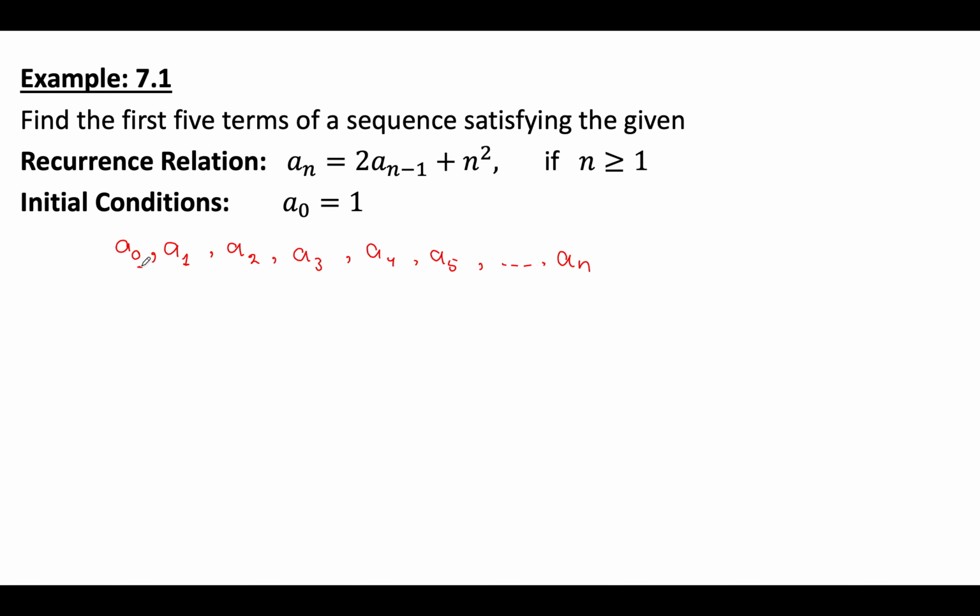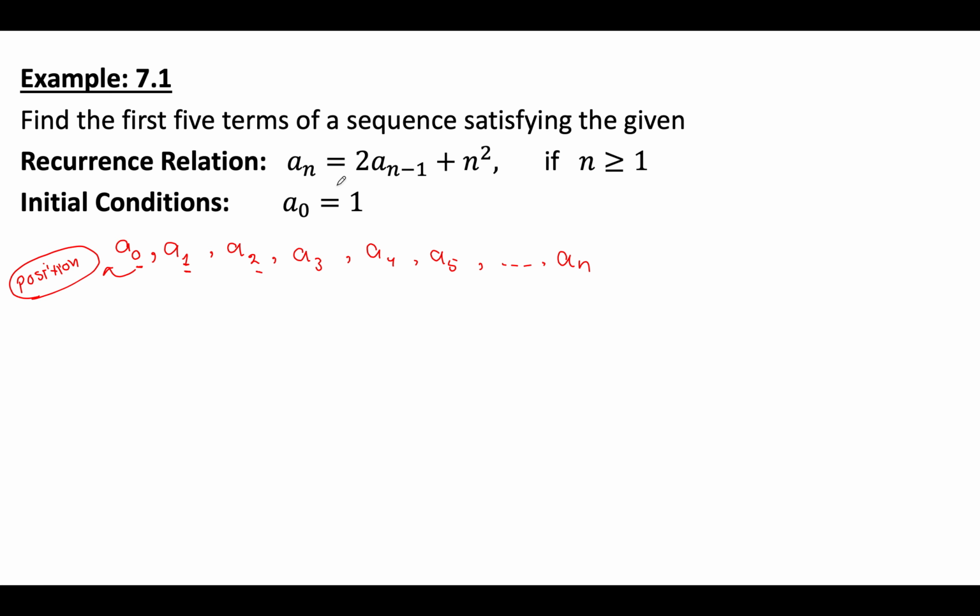Now the numbers here indicate the position of the term. Where is exactly this term? So this is in position 0, this is in position 1, and this is in position 2. And this position is usually used in the recurrence relation as n.